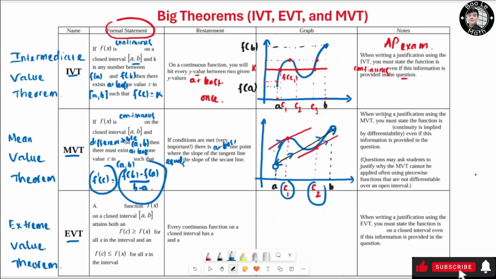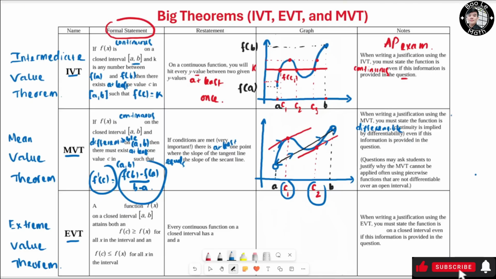So on the AB exam, when writing a justification using the Mean Value Theorem, you must say the function is differentiable. Remember that continuity is implied by differentiability, even if this information is provided in the question.